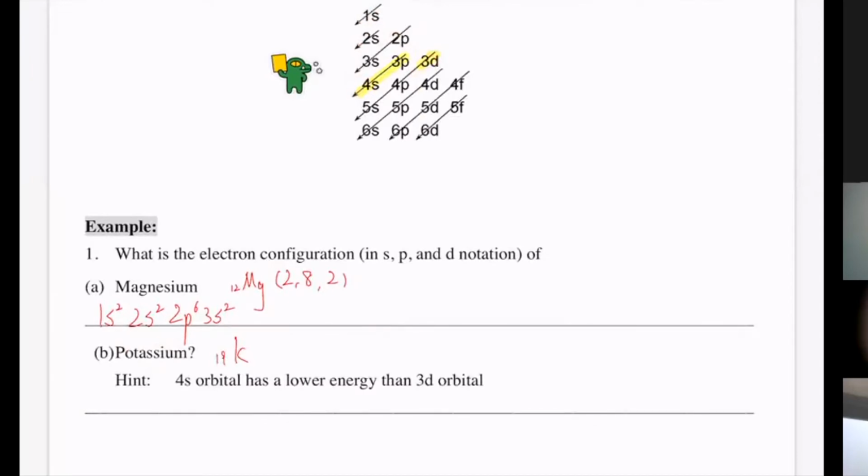You try to work it out. The electron arrangement is 2, 8, 8, 1. So how do you write it in terms of the SPD notation?